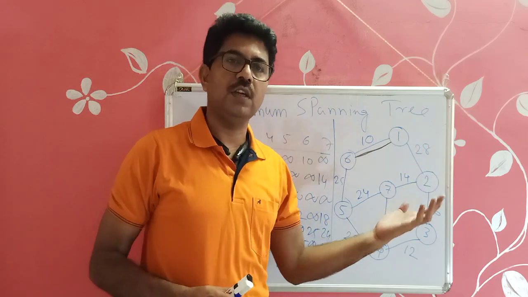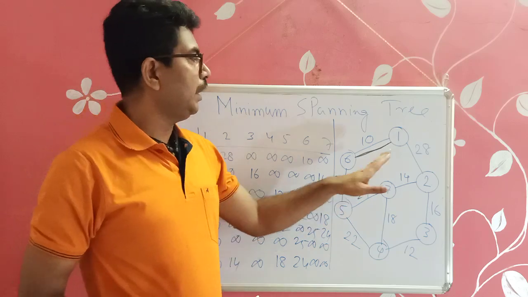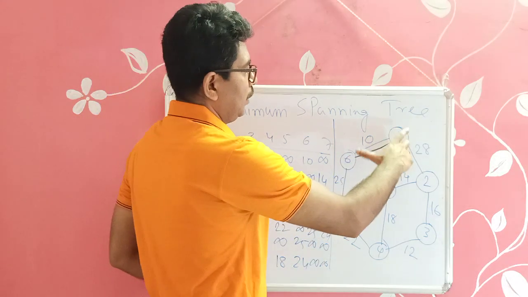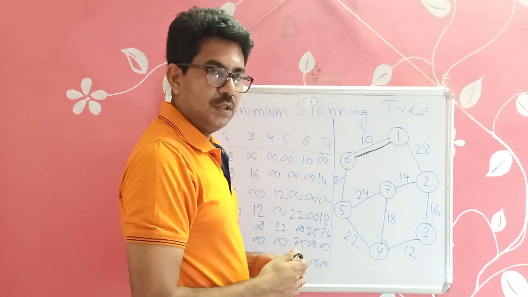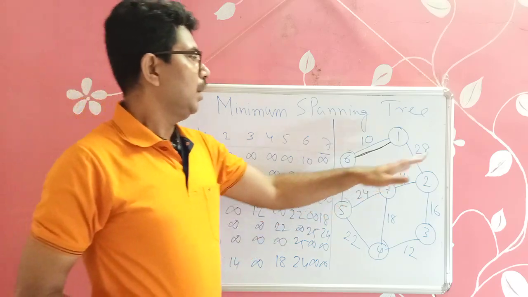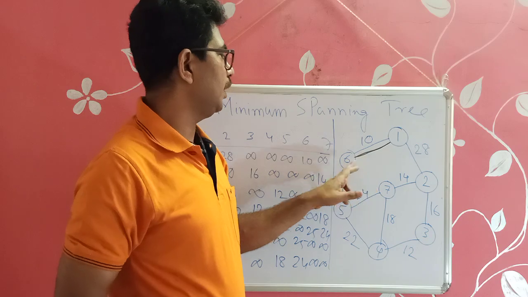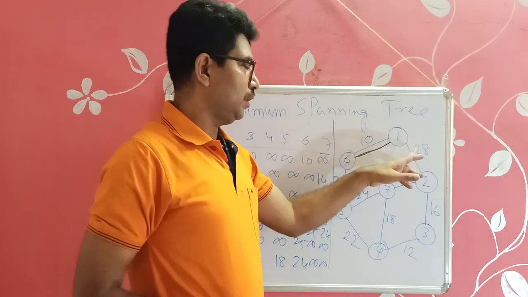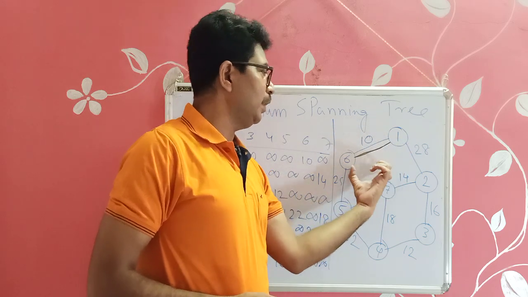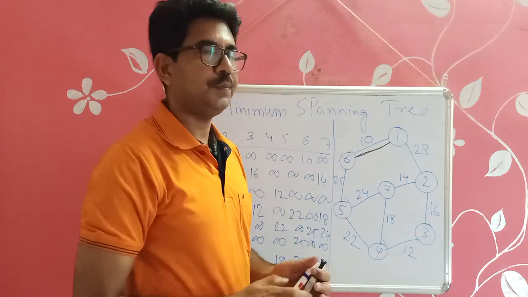But from the next onwards, how can we check that there is a cycle or not? Let there be a set of vertices containing both 1 and 6, and if we consider an edge containing both 1 and 6, then what will happen? It will create a cycle, right?